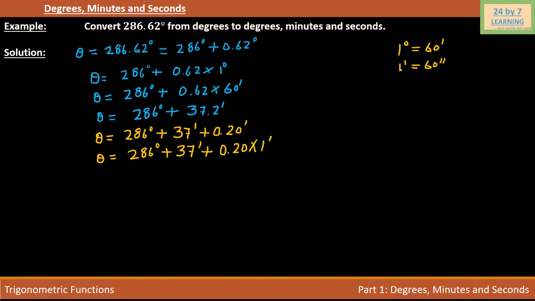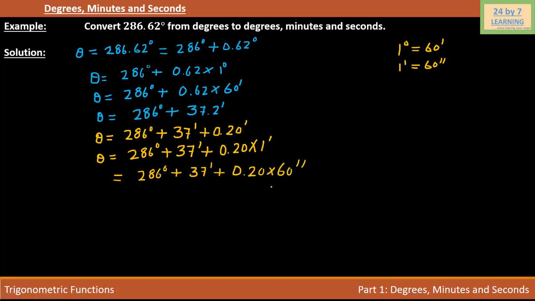Now we know that 1 minute is 60 seconds, so I'm going to substitute that value over here, and if I do that, I will rewrite this whole thing as 286 degrees plus 37 minutes plus 0.20 times 1 minute is 60 seconds.